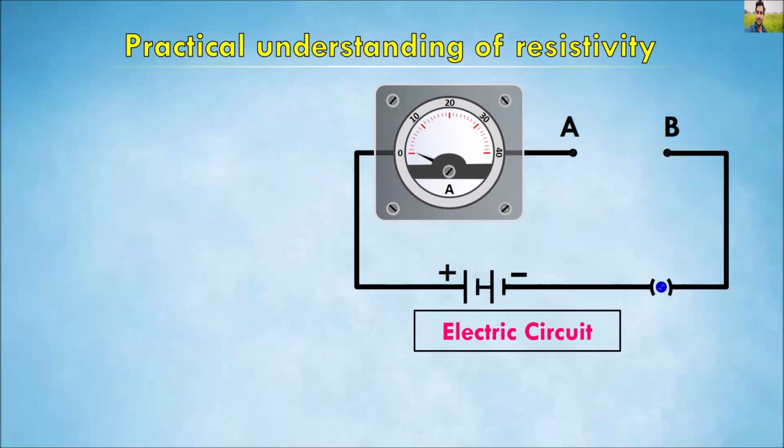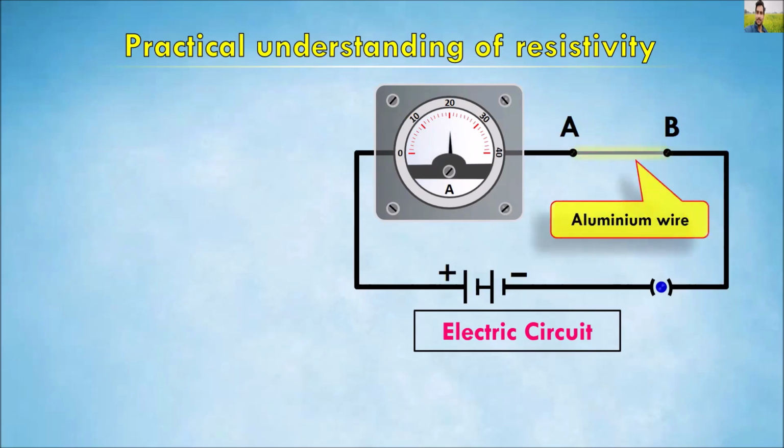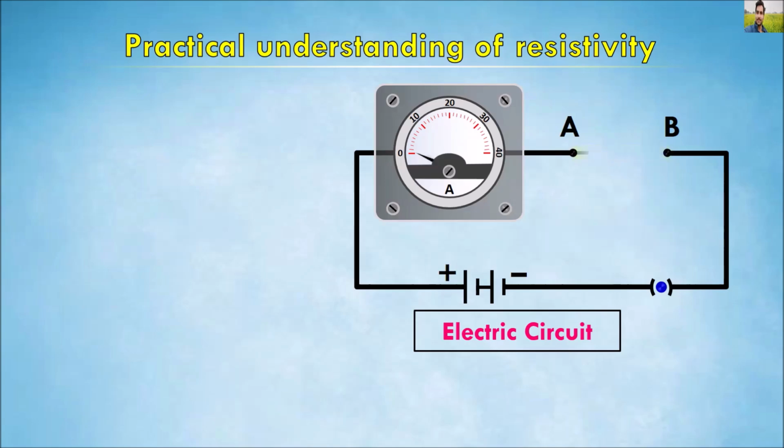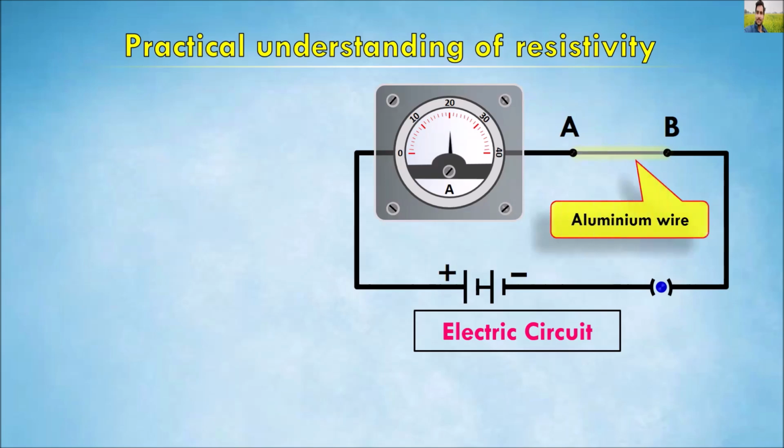As we can see through the animation, we are getting approximately 30 ampere current. Now, we are changing the wire. This time, we are using an aluminium wire. Using the aluminium wire, we are getting 20 ampere of current. So current is decreasing, although the rest of the things are the same.